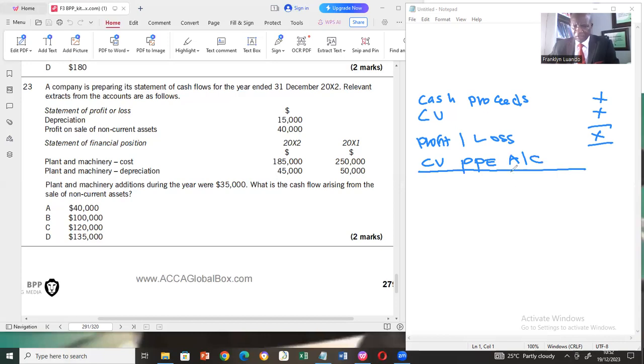In the PPE account, we have the debit and the carrying value. Here, the carrying value will be the cost less accumulated depreciation. The balance brought forward is 200,000.